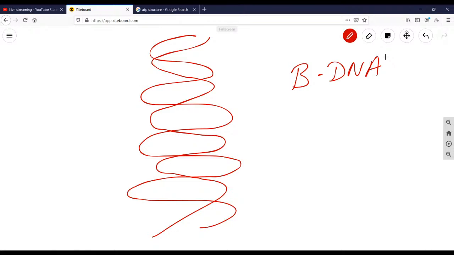So once we talk about the B DNA structure, the diameter is 20 angstrom in case of B DNA. Then suppose you have A, T, then G, C. The distance between two consecutive base pairs in a B DNA is 3.4 angstrom.